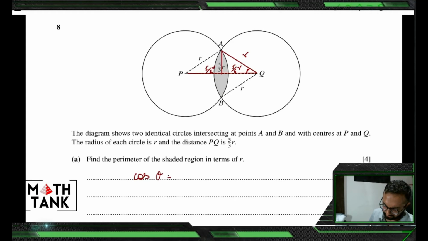Can I say that cos theta is 5 over 6 R divided by R?